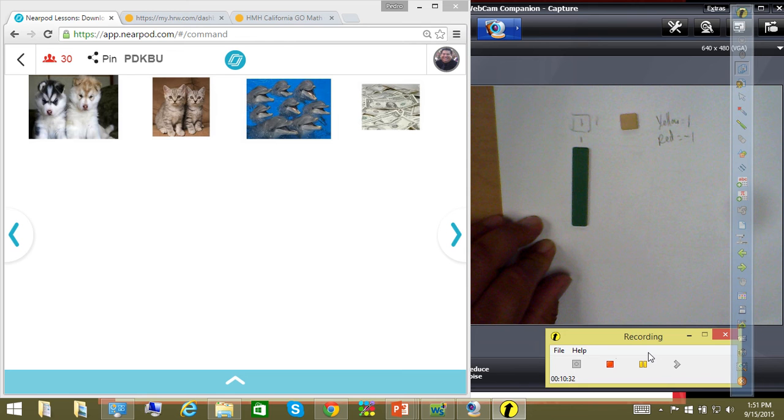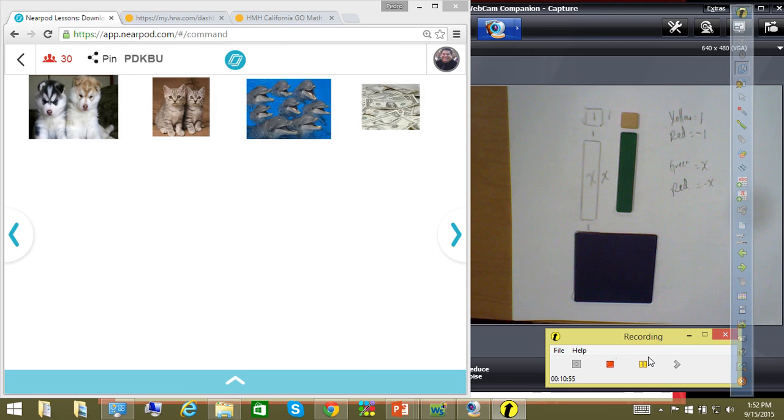Okay. So, next, get a blue one in front of you. Go ahead and trace that. Once you trace it, what can we label the base? Do we know? We don't know, so what can we label it?